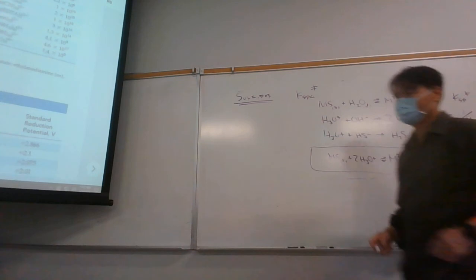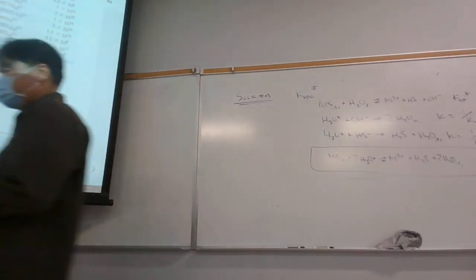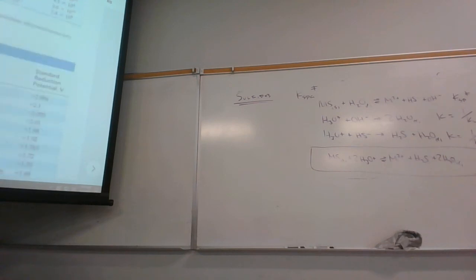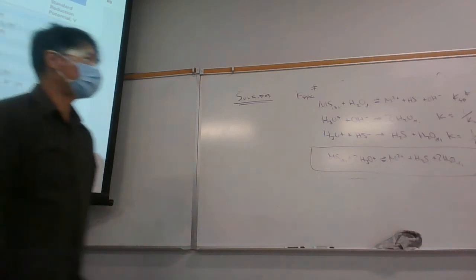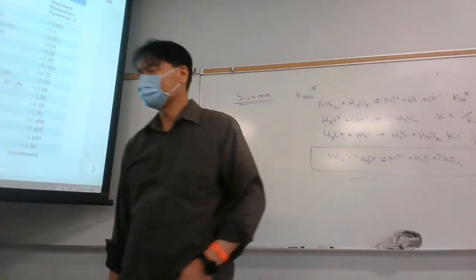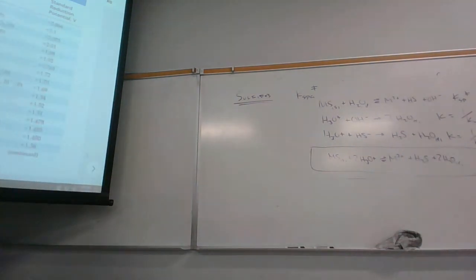That's what it would be. H2O is pure. So we set up an ICE table with this, and then we can do ICE table style calculations, either with KSP double dagger or KSPA double dagger. And so sulfides are a bit trickier, more involved than other species.